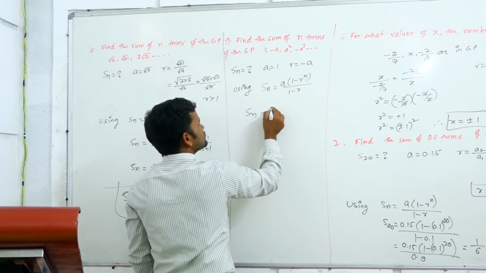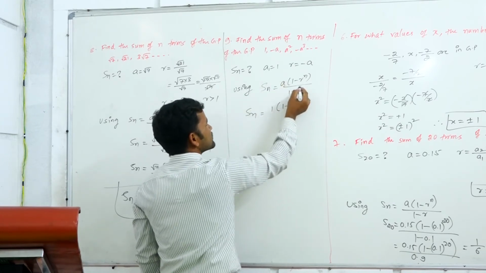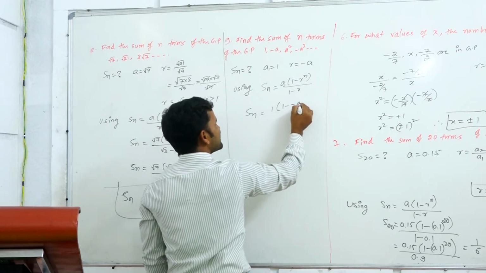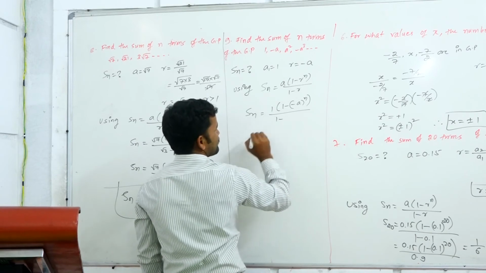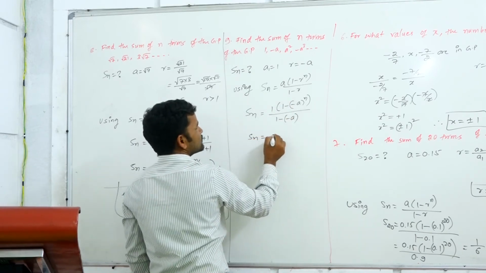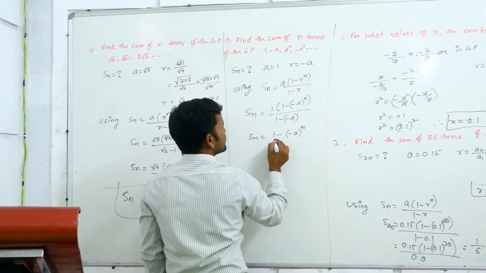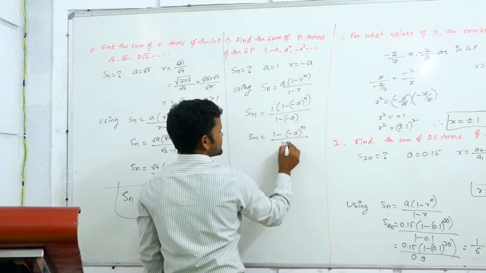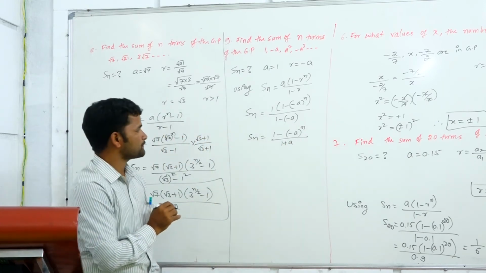Sn is equal to a1 into 1 minus of r value, minus a whole to the power of n, divided by 1 minus of r, which is minus a. Sn is equal to 1 minus of minus a to the power of n, divided by minus minus plus, 1 plus a. Sn is equal to, you need to leave it here only.